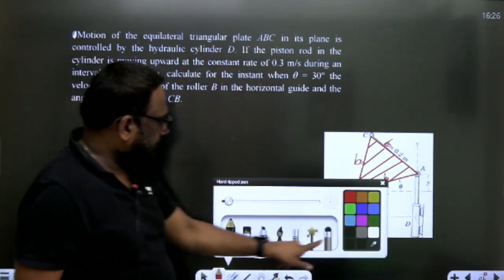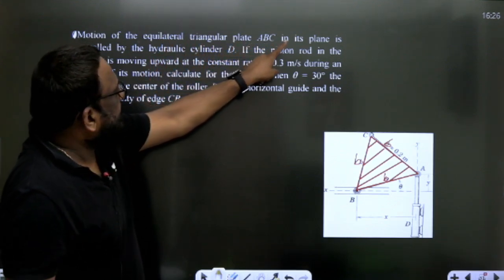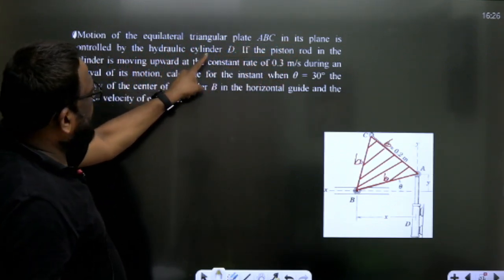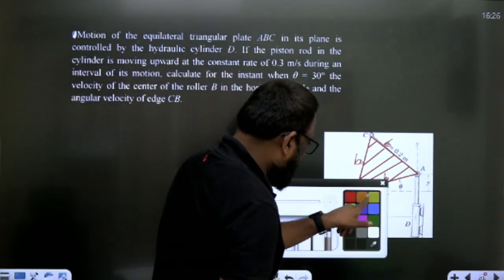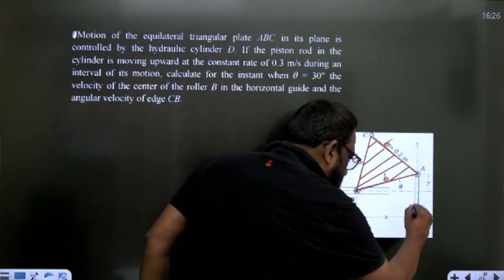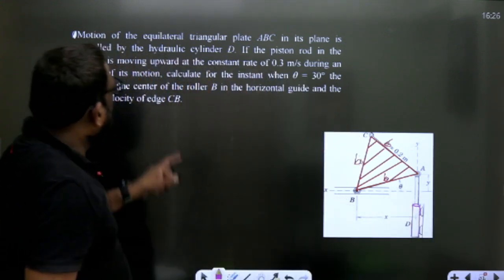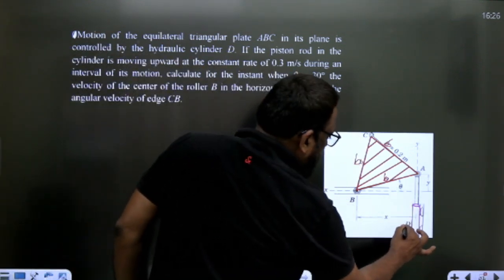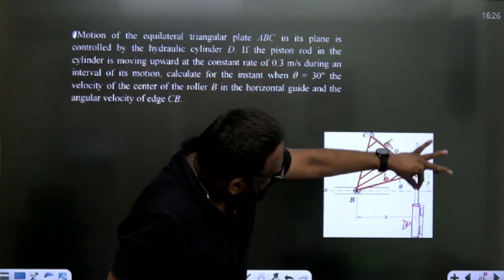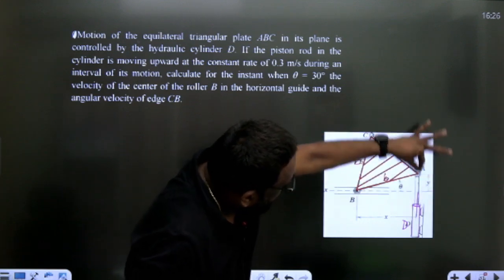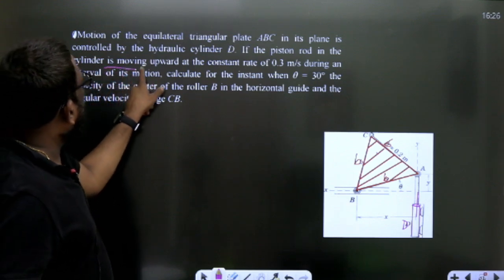What does the question say, sir? The motion of equilateral triangular plate ABC in its plane is controlled by hydraulic cylinder D. There is a hydraulic cylinder here. This is the hydraulic cylinder D. If the piston rod in the cylinder is reciprocating, it is moving up.